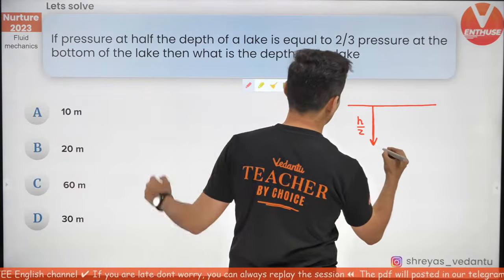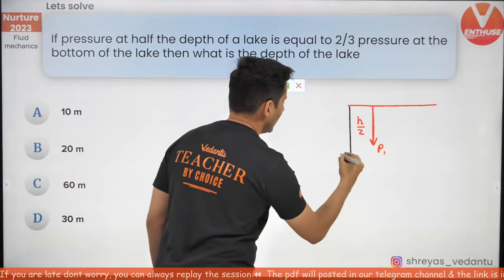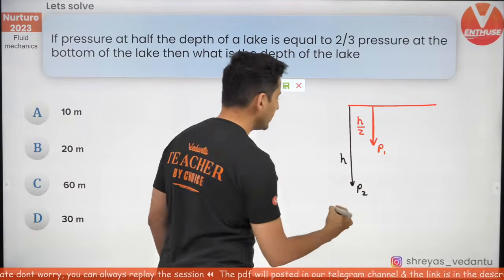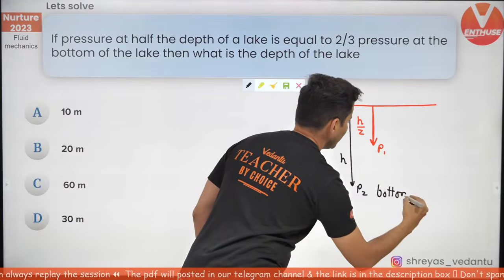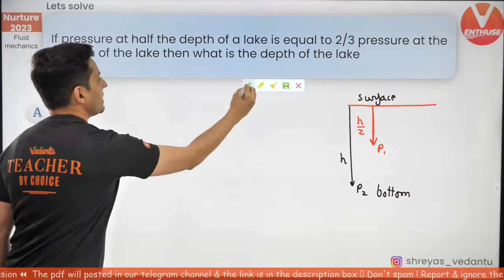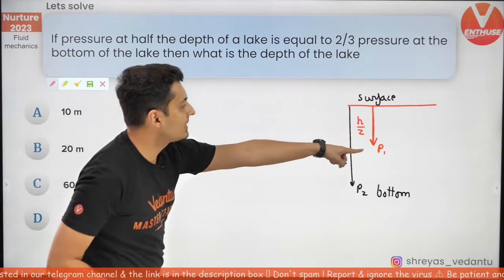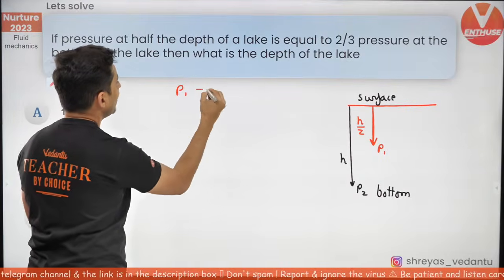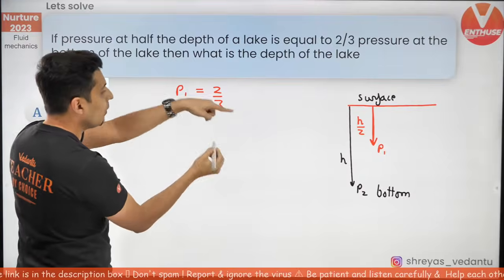The pressure over here is, let's say, P1, and at a depth of h, let's say the pressure is P2. So this is basically at the bottom. This is basically the surface of the liquid. Now, according to the question, the pressure at half the depth, that means here, P1 is 2/3 of the pressure at the bottom of the lake.